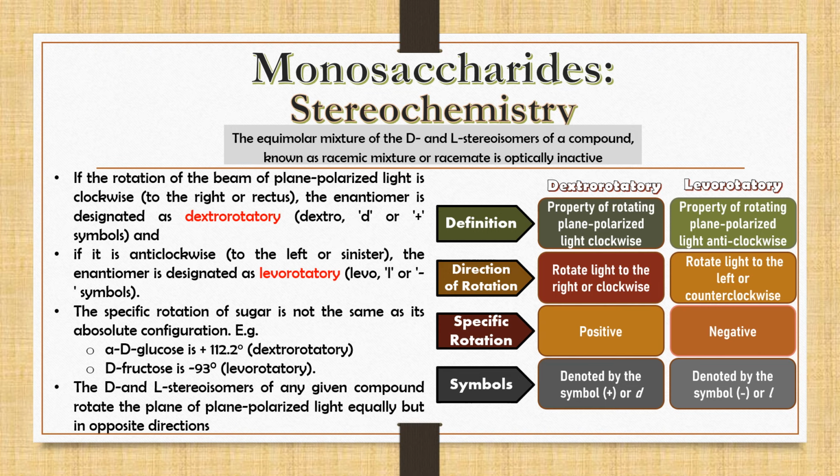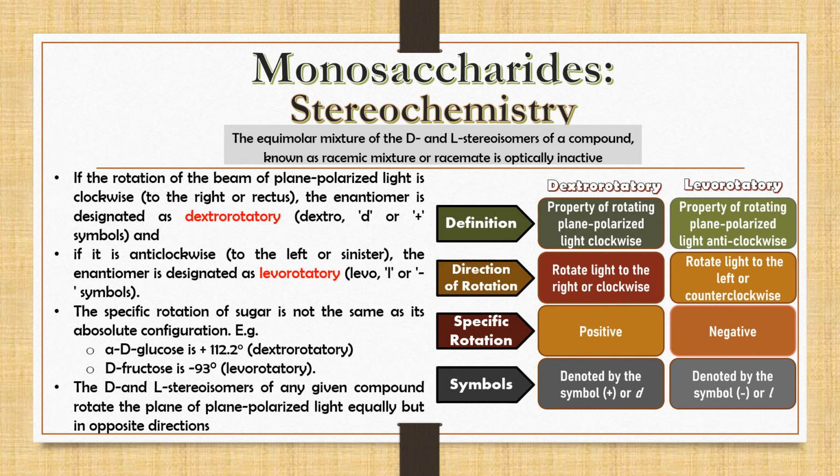If the rotation of the beam of plane polarized light is clockwise, to the right, as the observer looks towards the light source, such a compound is designated as dextrorotatory, with the sign small letter d or plus symbol.